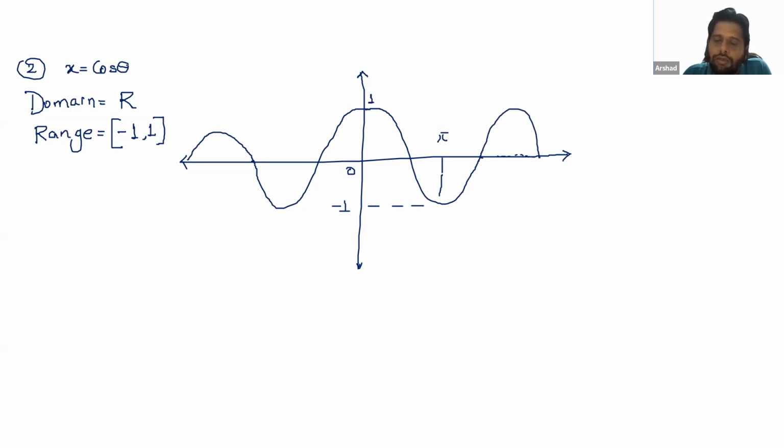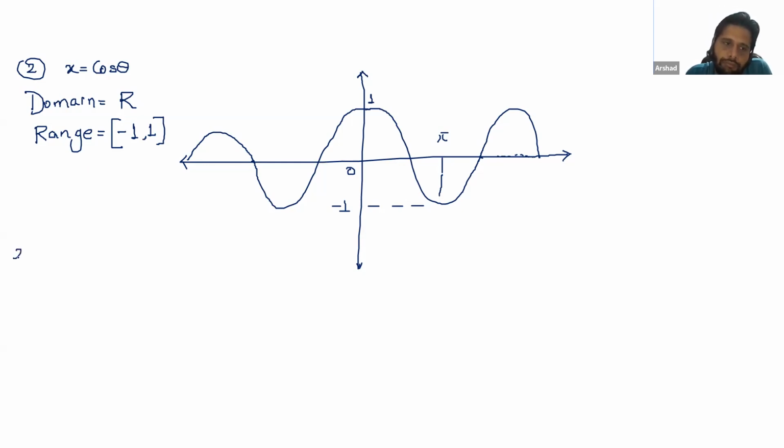Or you can see here, in place of theta, you can put any real value. You will get an answer. Okay, Fahad? Yes, sir. Okay, and from the graph only, you can see the points on the complete x-axis are a part of the graph. Now range, we have this.